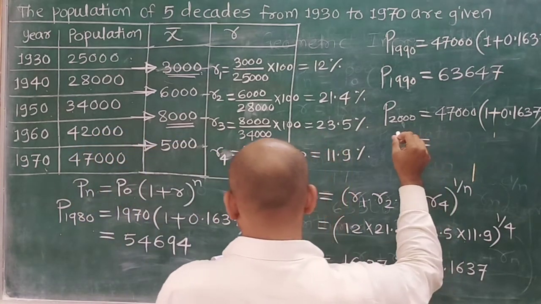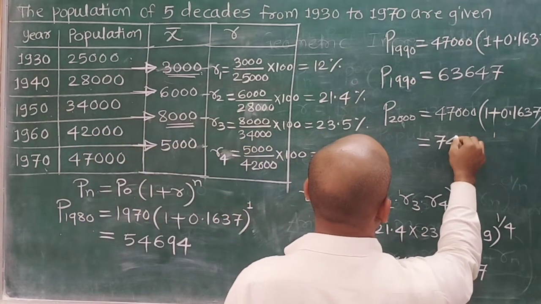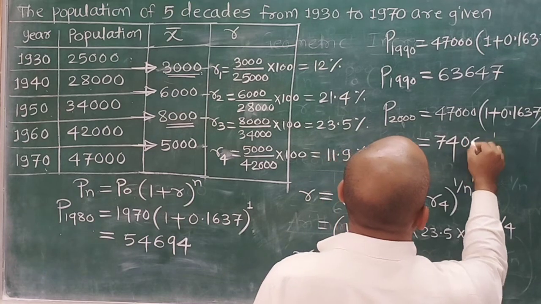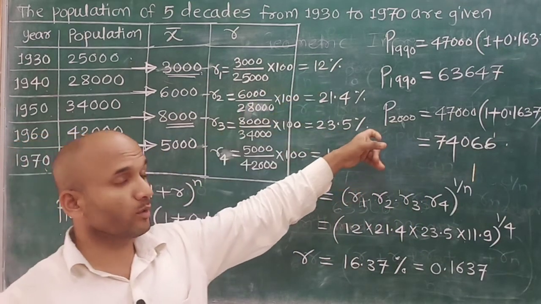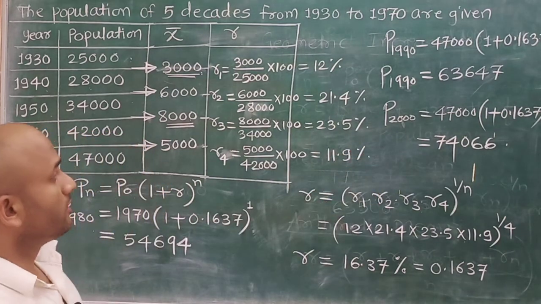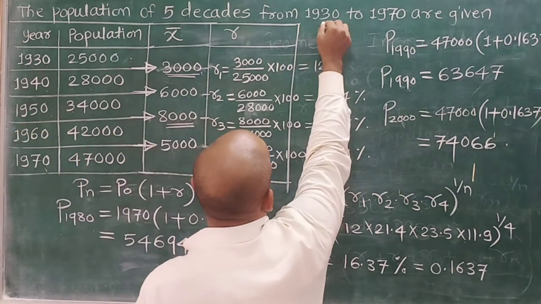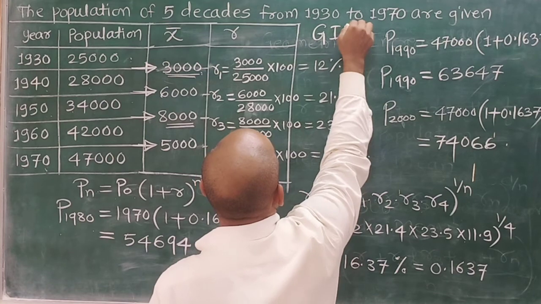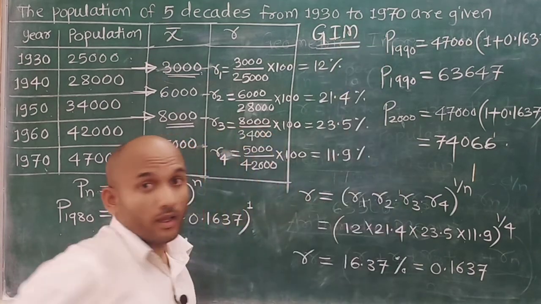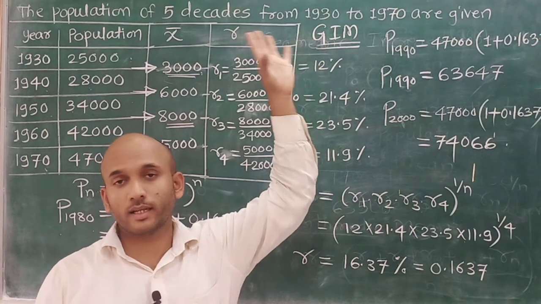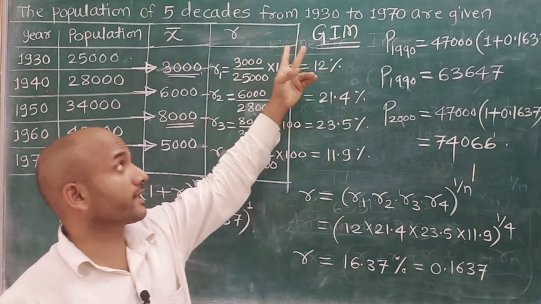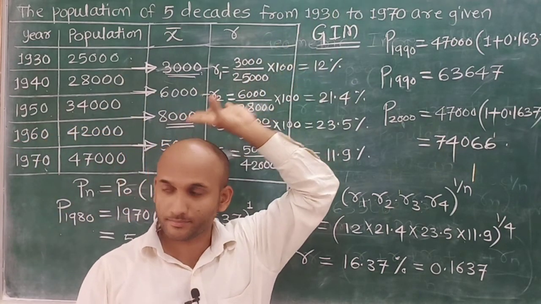Population in 2000 is 74,066. This is the population in 2000 by geometric increase method, GIM. Initially, the first method was the arithmetical increase method, and the second one is the geometric increase method. Okay.